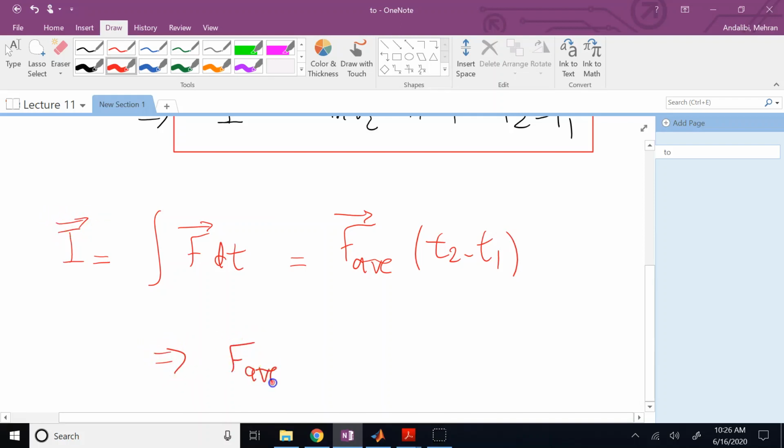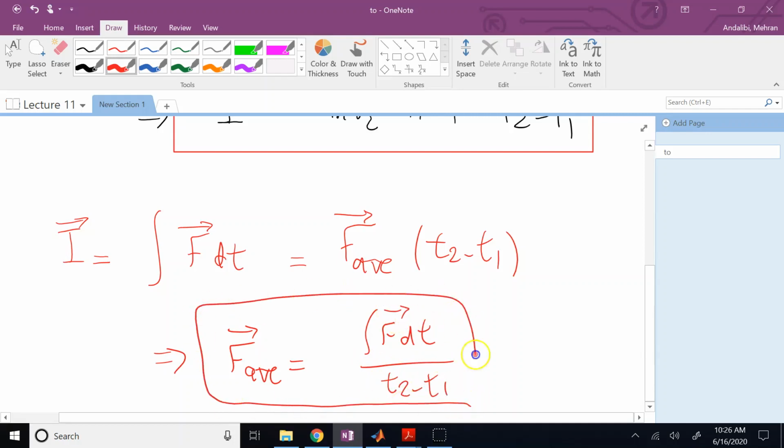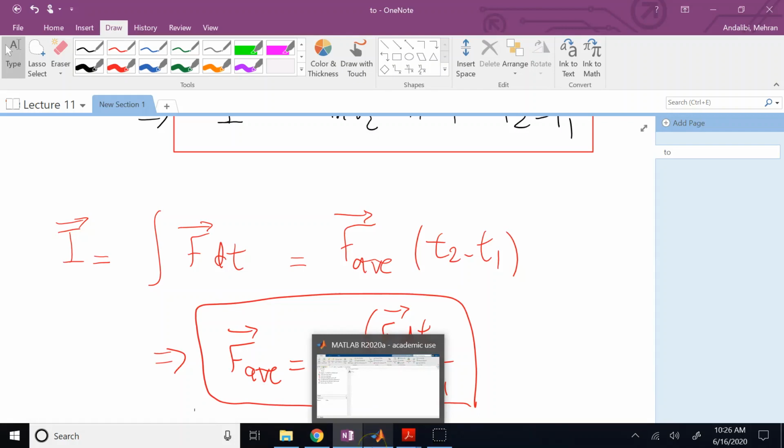I say F average is the integral of F dt divided by delta t. Okay, and if I take magnitude, then it's the magnitude of impulse divided by the magnitude of the time period.